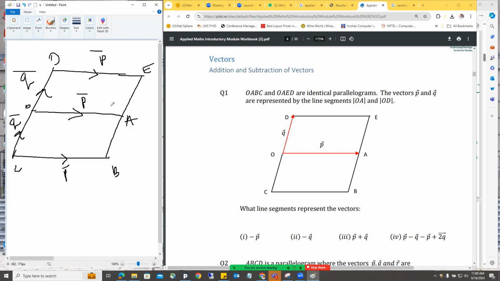From here to here, both sides again have the same vector Q.